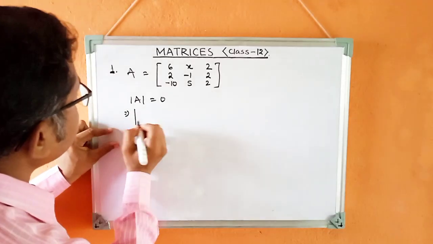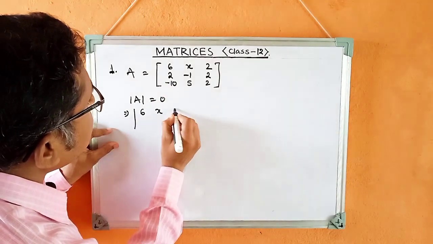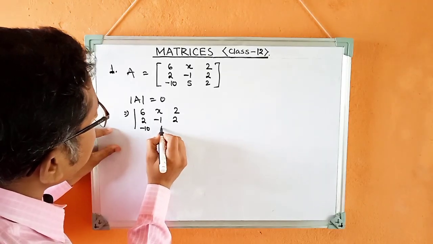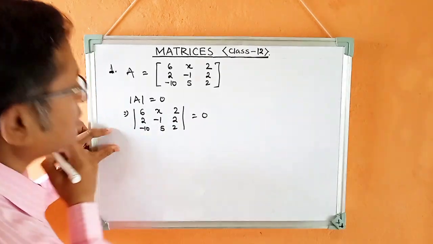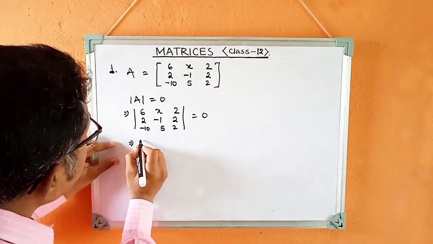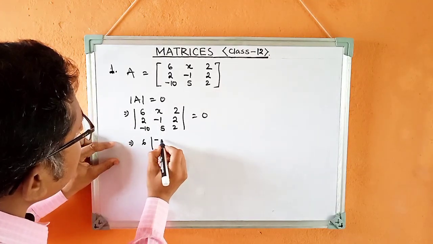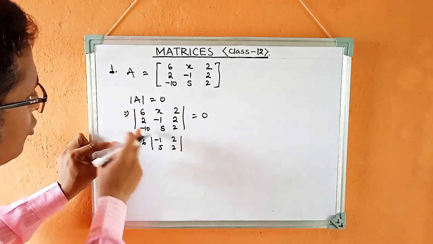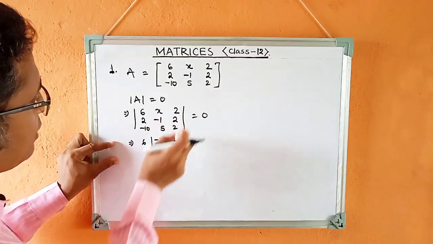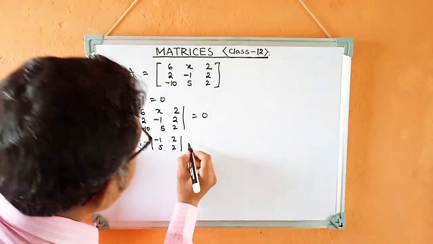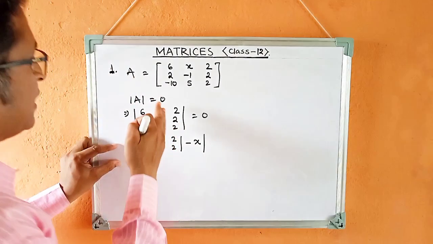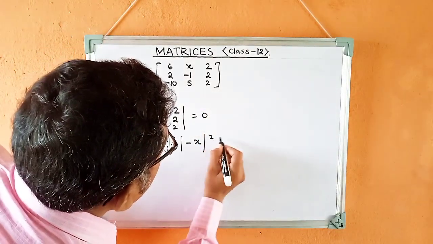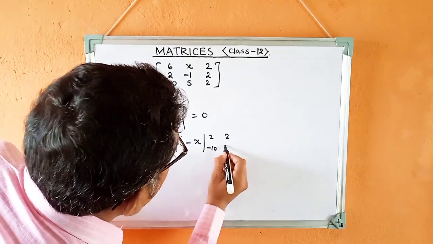Now the determinant of the matrix with rows 6, x, 2; 2, minus 1, 2; minus 10, 5, 2 is equal to 0. Expanding, 6 into the determinant of minus 1, 2, 5, 2, eliminating this row and this column. Then minus x into the determinant of 2, 2, minus 10, 2, eliminating the corresponding row and column.